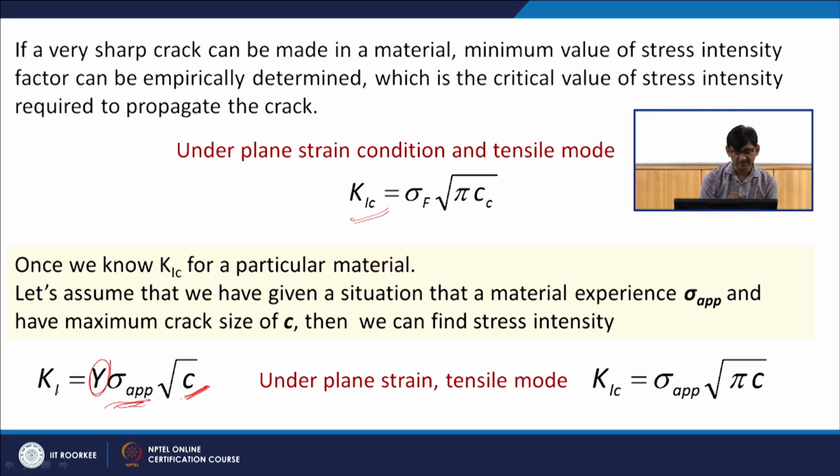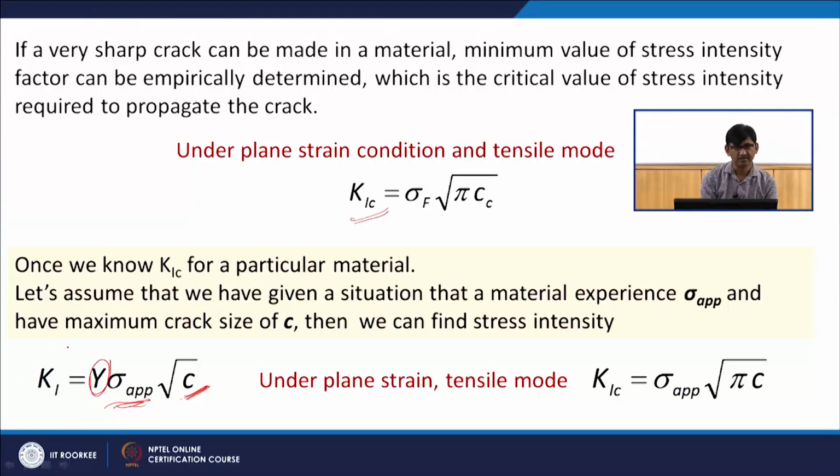Now, if this stress intensity factor is more than K1C, then I have to either change the applied stress, or redesign my structure, or do certain processing on the material to reduce the defect size. If K1 is less than K1C for this given applied stress and whatever defects are there in the material, then I can say that this is a safe mode and I can use this material under this stress condition with the given flaw size.